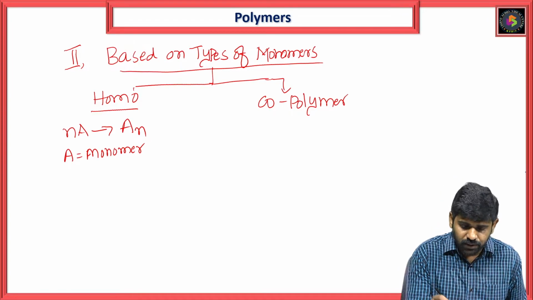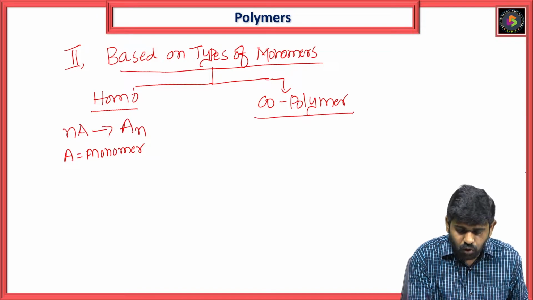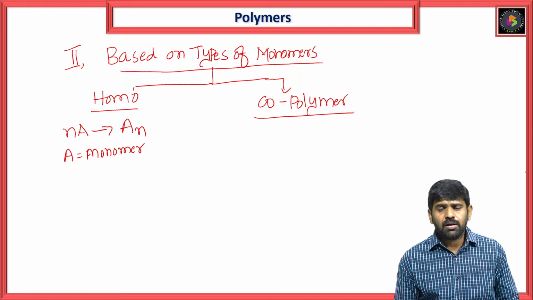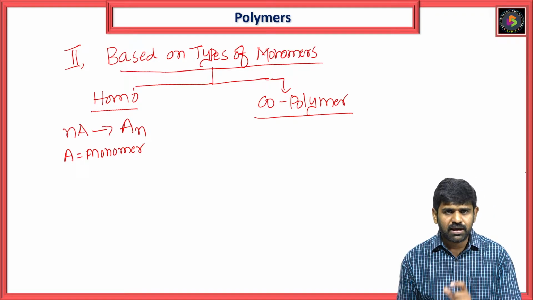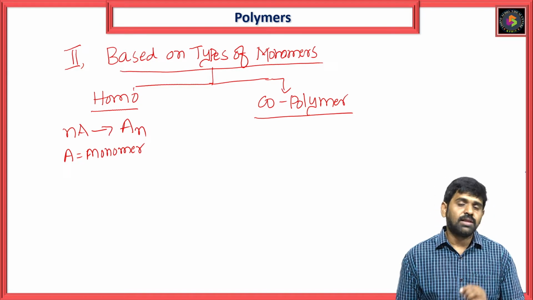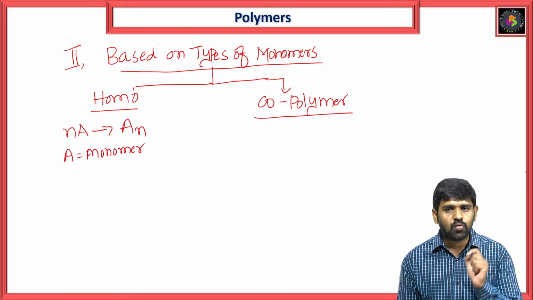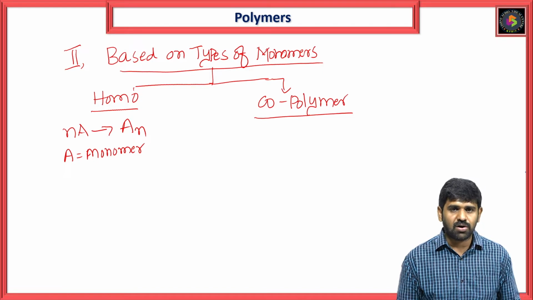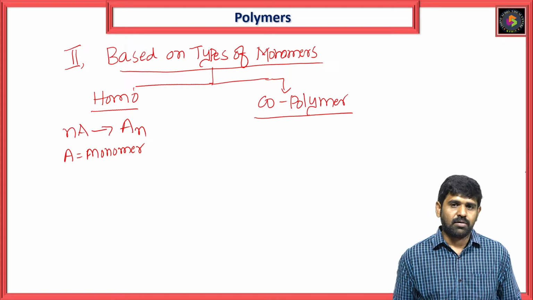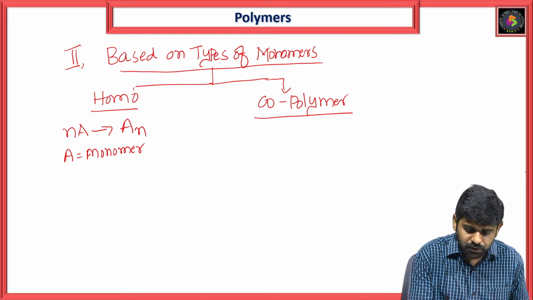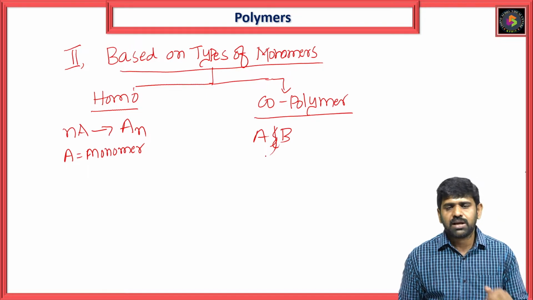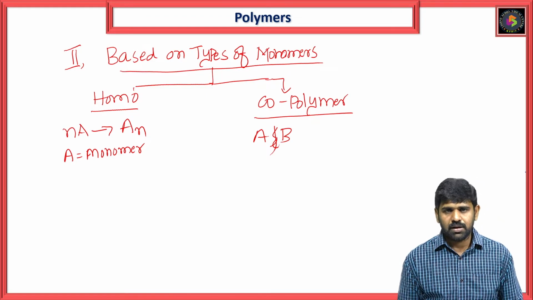Next, the second one, copolymer. When two different types of monomers are arranged in the same polymeric chain, the polymer is called a copolymer. For example, consider two different types of monomers A and B, which can be joined in many ways.